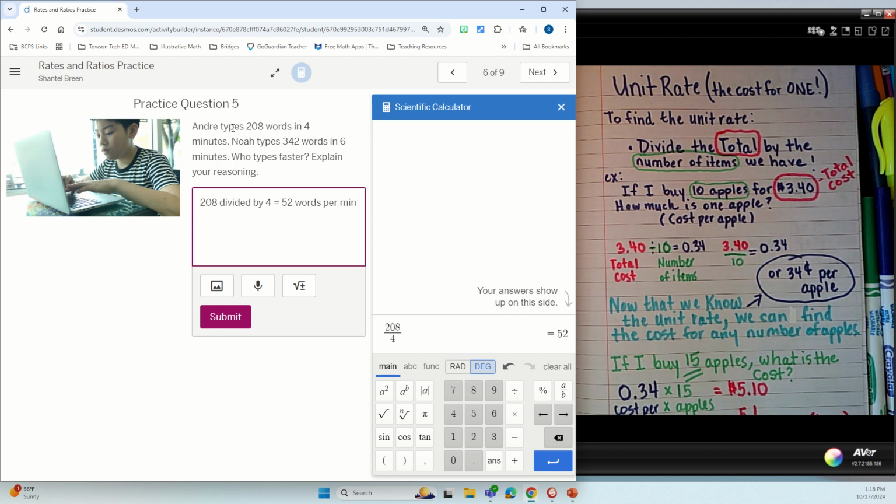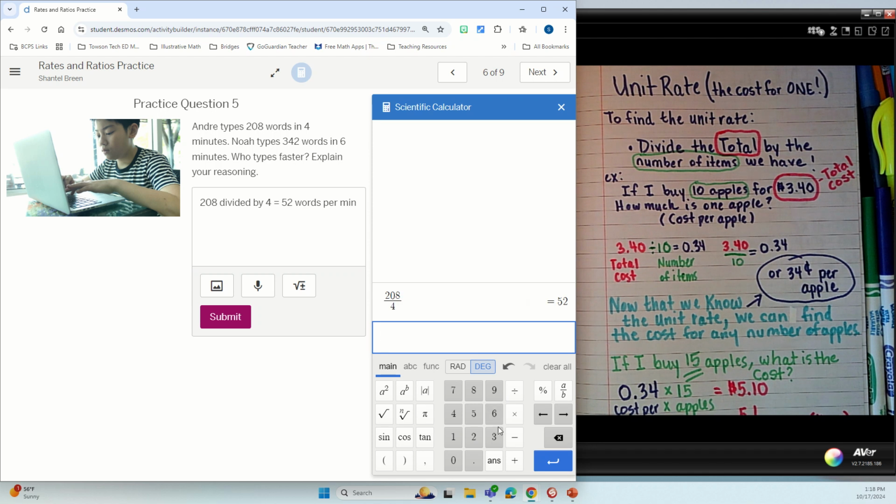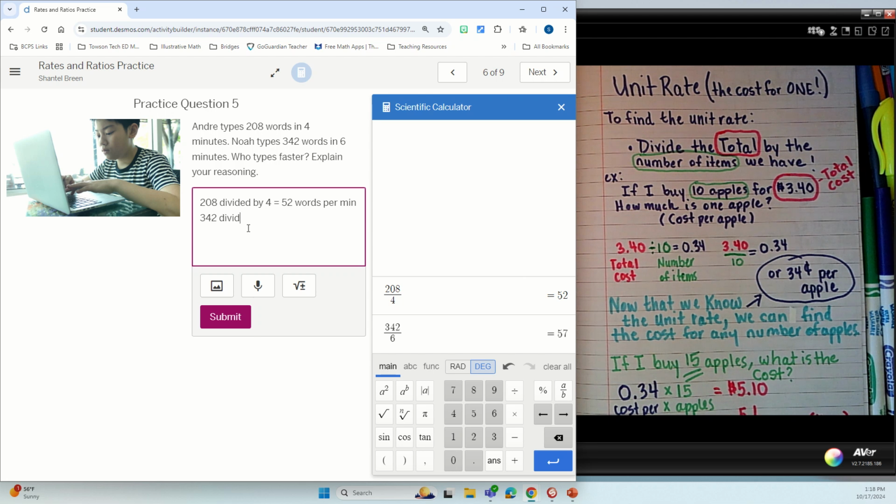And then I can do Noah's, and I can see Noah's is 342 divided by 6. He can do 342 words in 6 minutes. To find his unit rate, we just divide the total by the number of minutes that he has been timing himself. And we can see that Noah can actually type more words per minute.